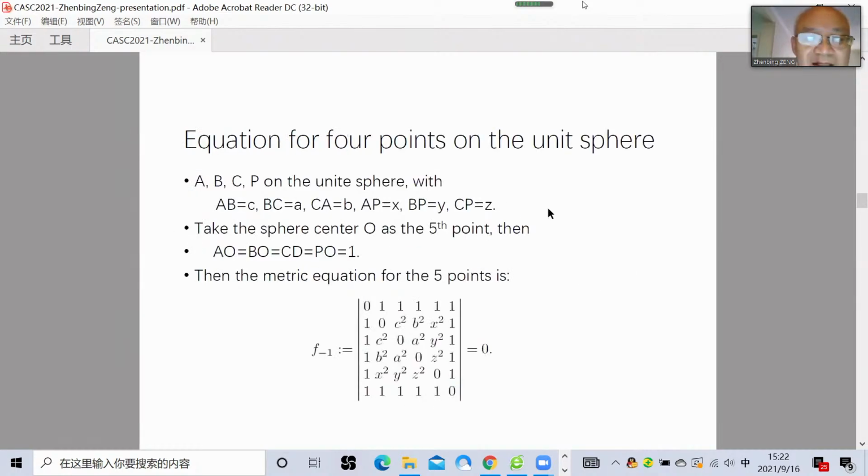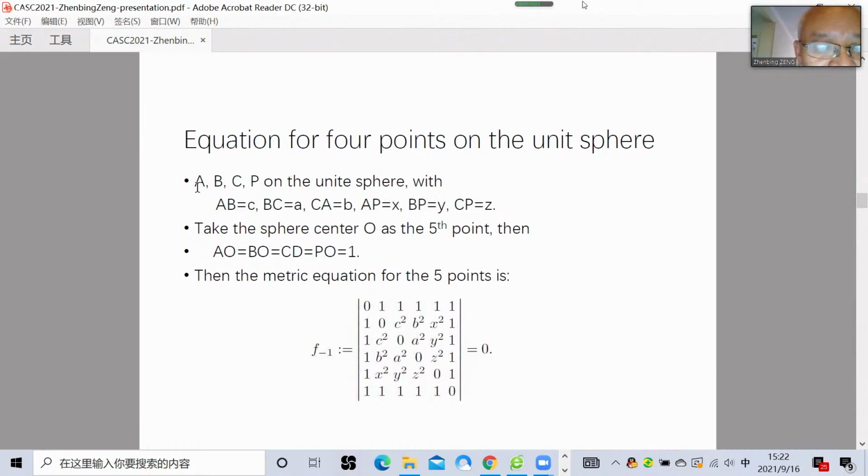So we will see our problem. Here we try to explain the equations for five points on the unit sphere.